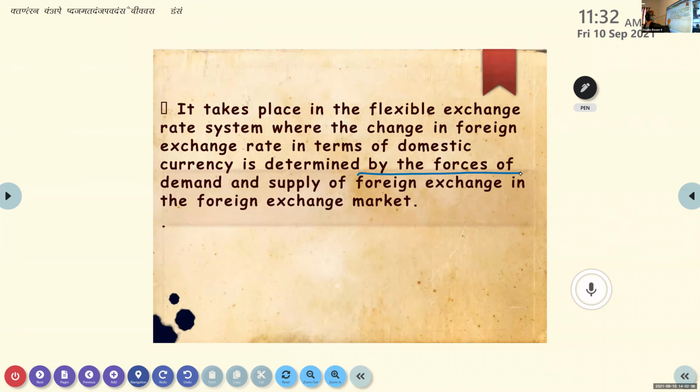Because of the forces of demand and supply in the foreign exchange market, because we follow a flexible exchange rate, where everything is determined by demand and supply. Whenever there is a depreciation, we have to pay more units of our currency to get 1 unit of foreign currency.